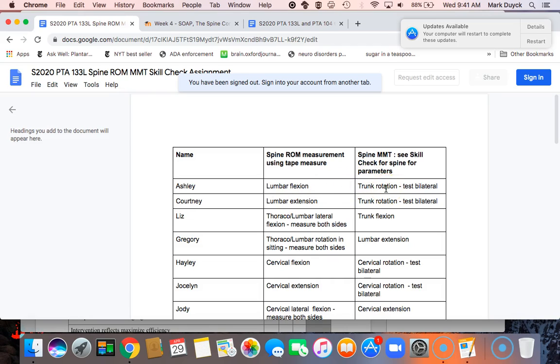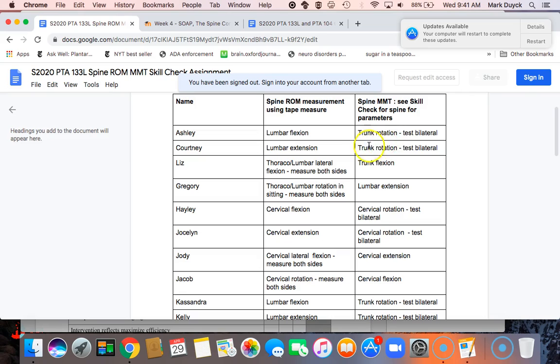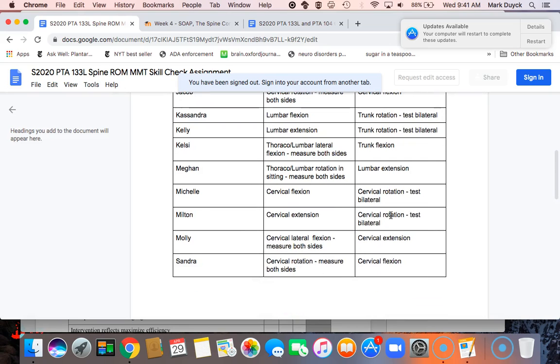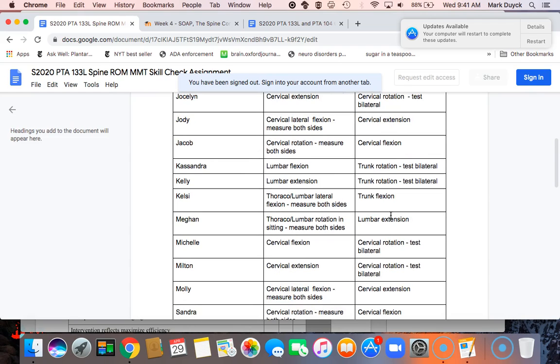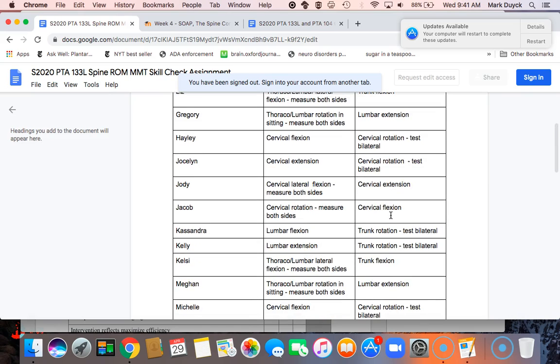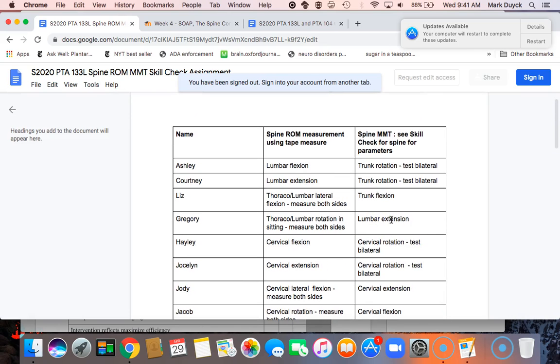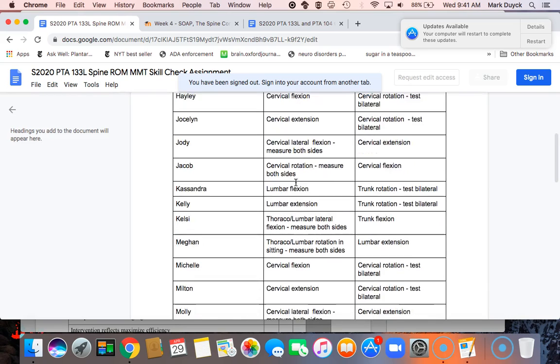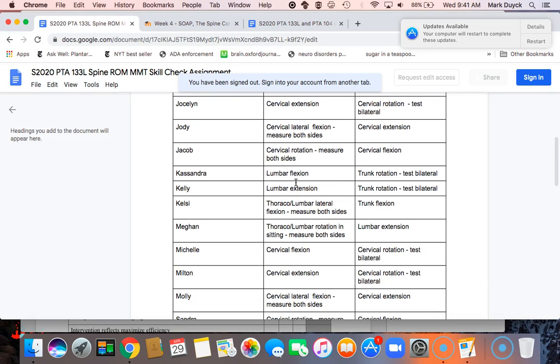If you're going to check lumbar flexion range of motion, you're probably going to check trunk strength too. And rotation is most functional. So you see a lot of rotation MMTs for cervical and trunk, because those are, again, functional, and that's how we move, is dynamic movement. Similarly, I really focused on some of these range of motion measurements that are important, the flexion and extension, and then the rotation, again, that's functional, so you see more rotation.